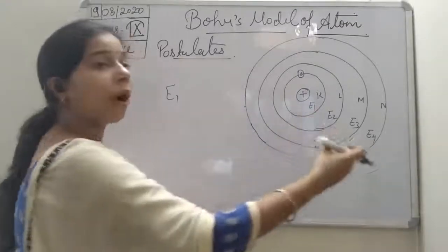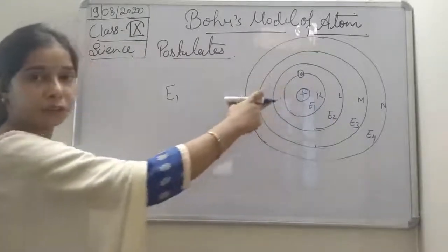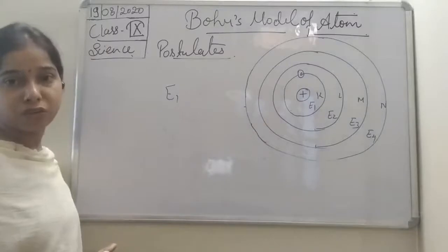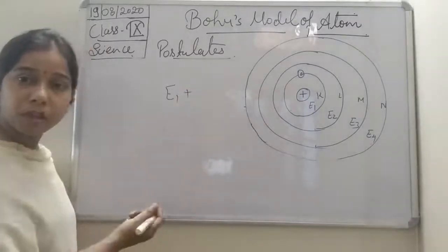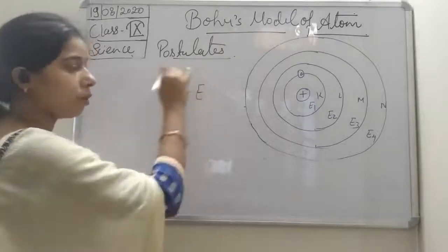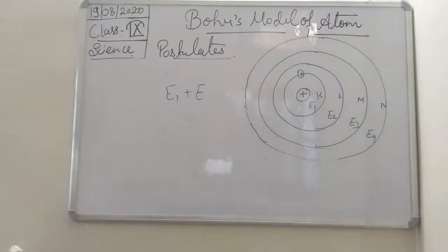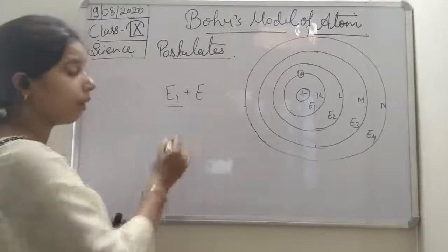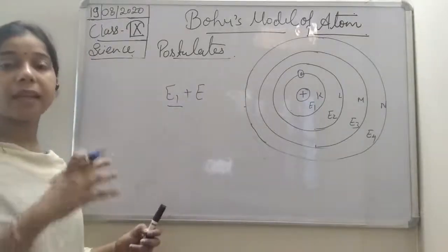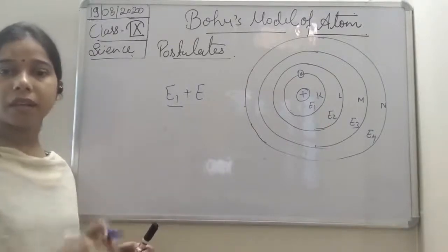Now, when you provide extra energy to this electron which is revolving in the K shell, what will happen? Suppose this energy is equal to E, students. The electron was having energy E1, and you provided external energy on it.